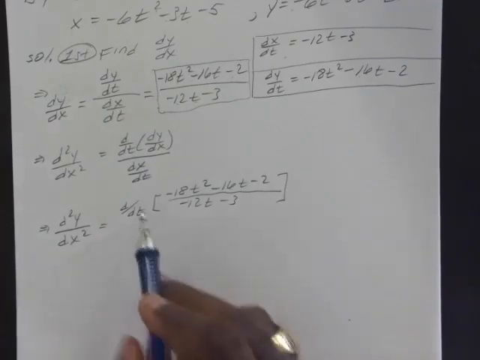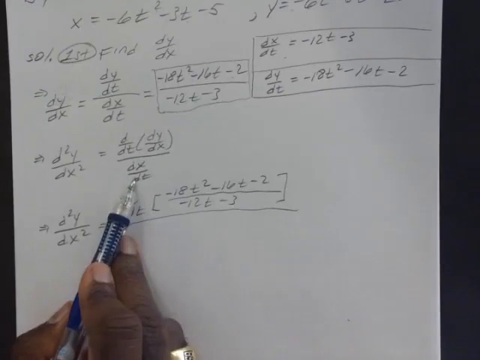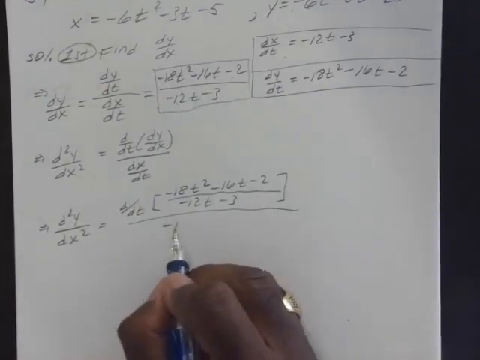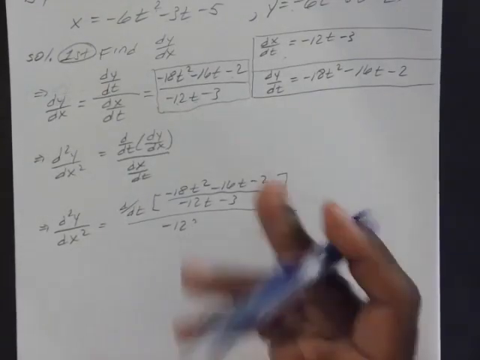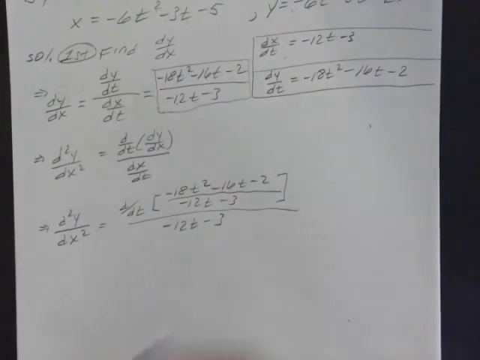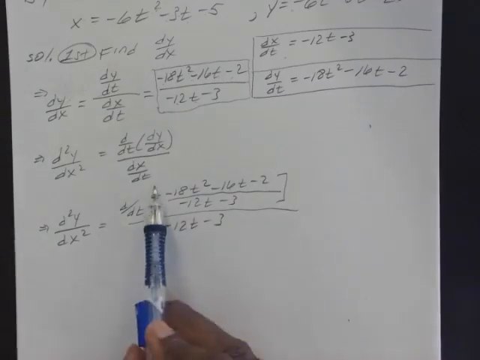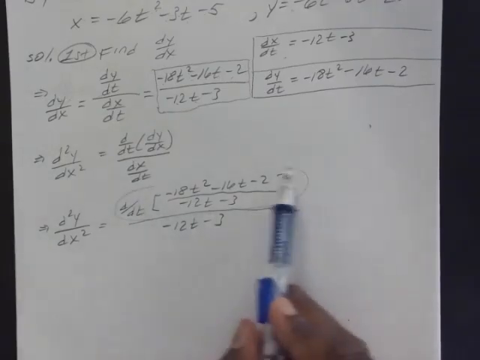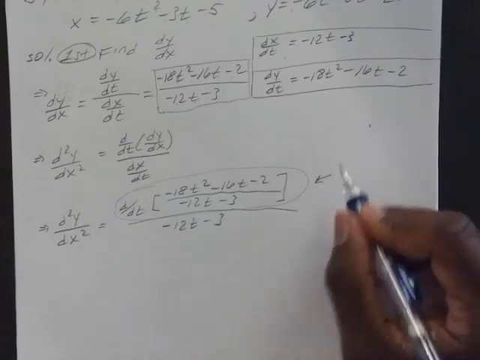And all of that divided by your dx dt, which is negative 12t minus 3. Okay. Now for this part up here, we're going to have to use the quotient rule.